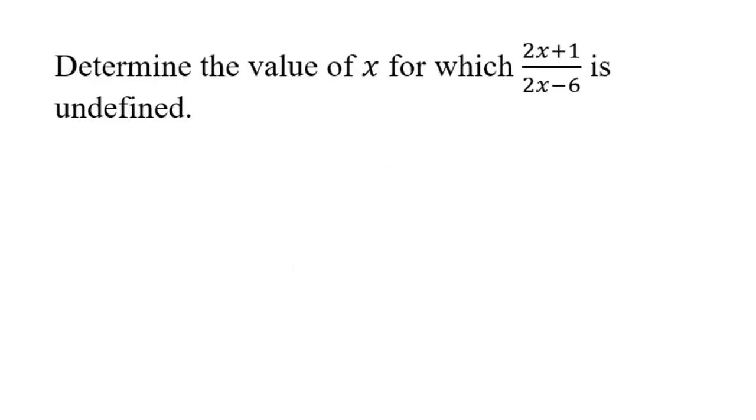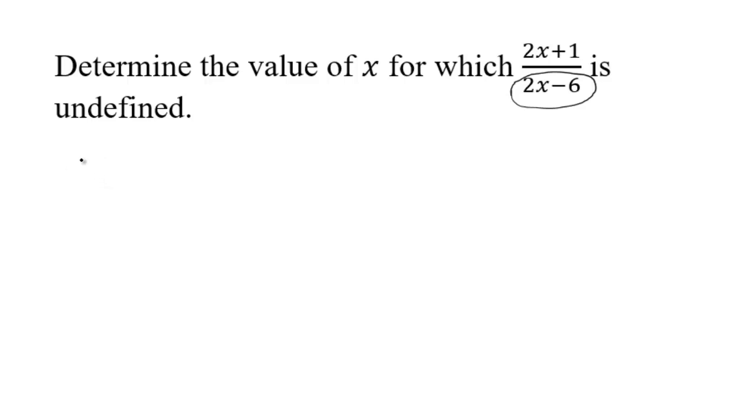So let's go back. We could see the denominator in this expression is 2x minus 6. So we are going to equate this to 0, and then we solve for the value of x.